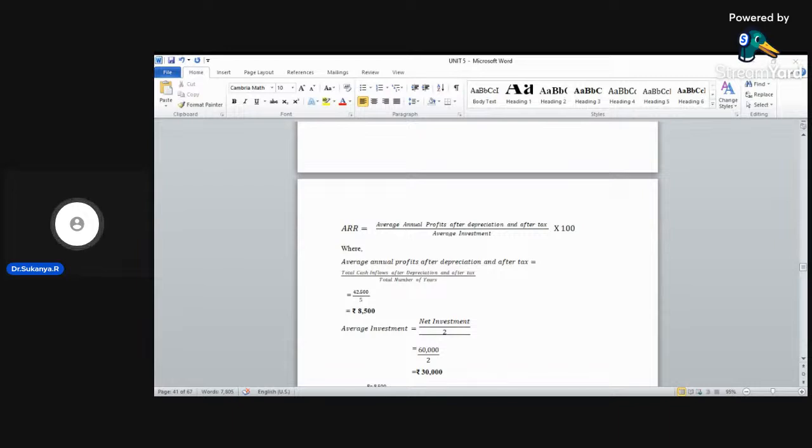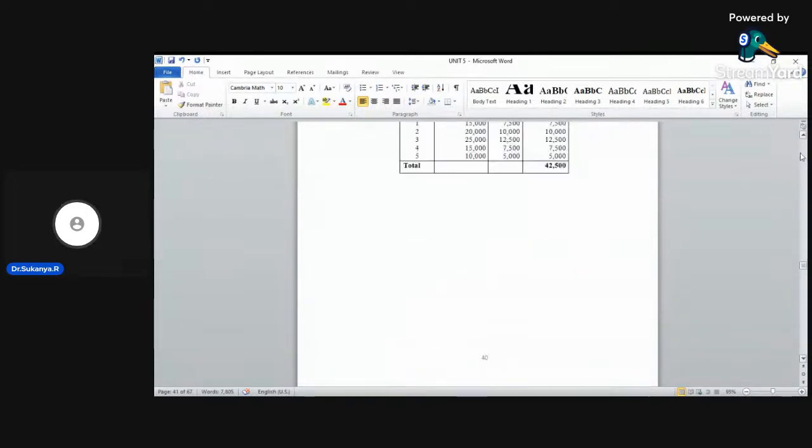Average annual profit after depreciation and after tax means the total cash inflow after depreciation and after tax divided by number of years. Just now I was doing that, I worked out and I left it here. 42,500 divided by the number of years.